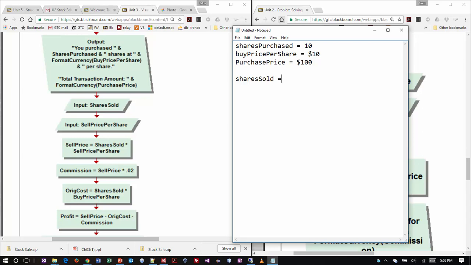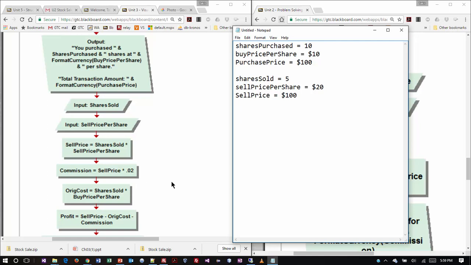Number of shares that we sold, we said we sold 5 shares. And then the sell price per share was $20. We got really lucky, it doubled in price. And so the actual sell price was $100.